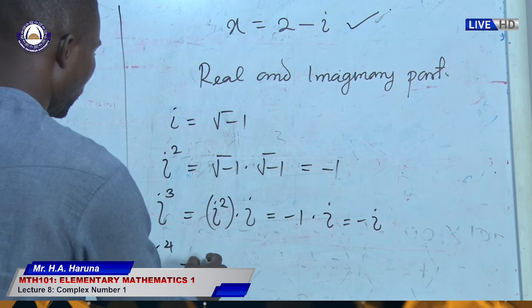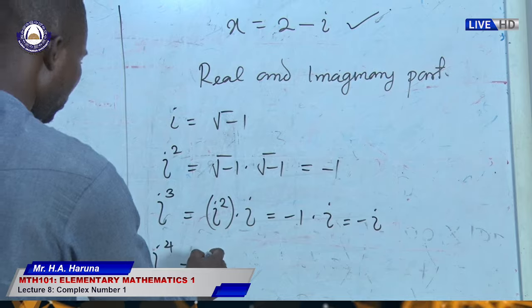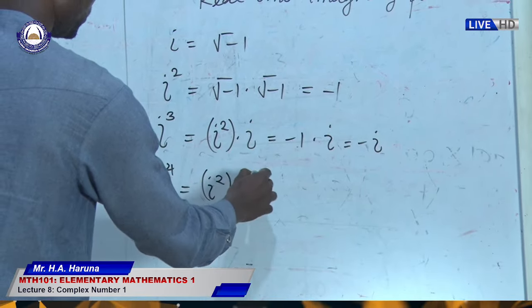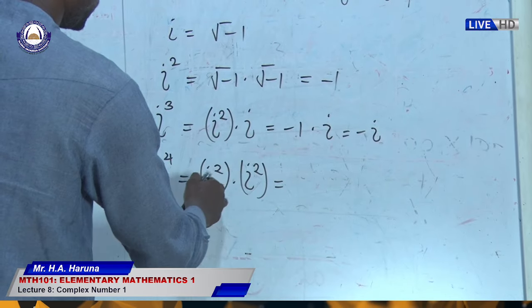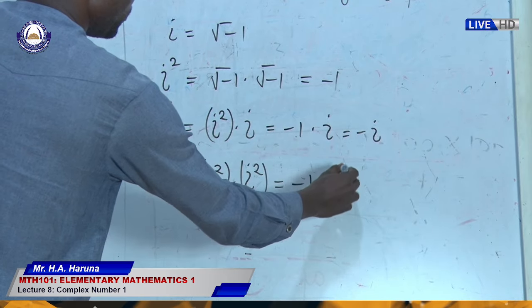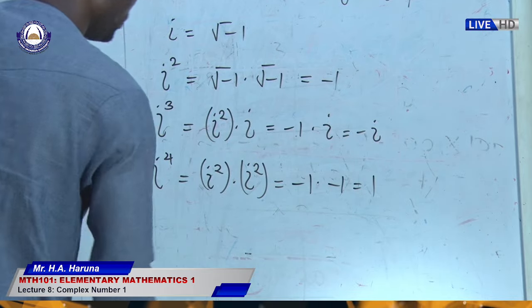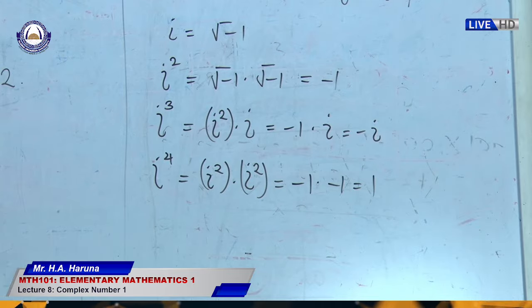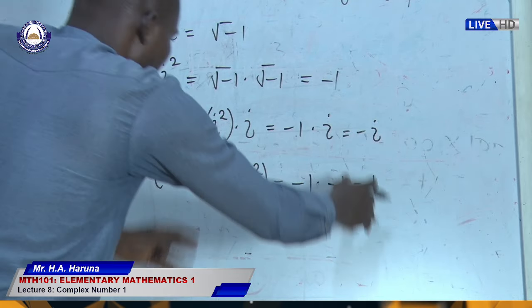Here you can say, okay, if i is raised to the power 4, then i squared times i squared. Then you have, what is i squared here? Negative 1. What is i squared again? Negative 1, and then you have 1.